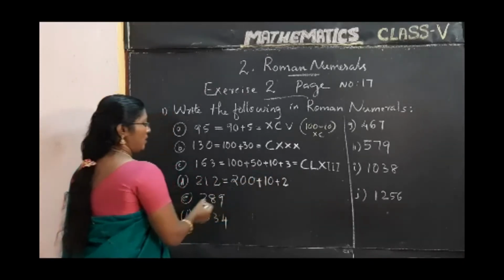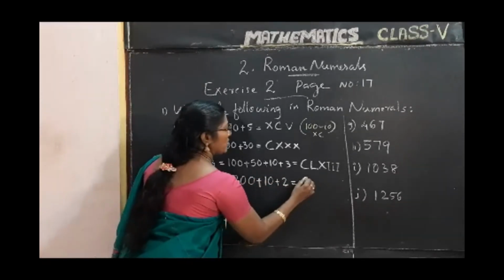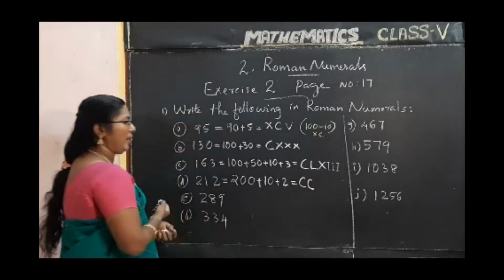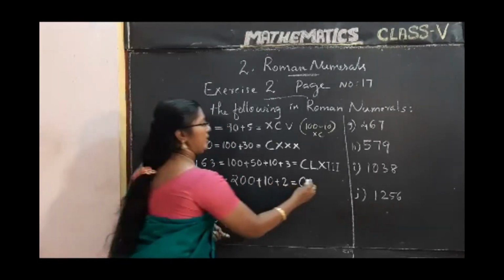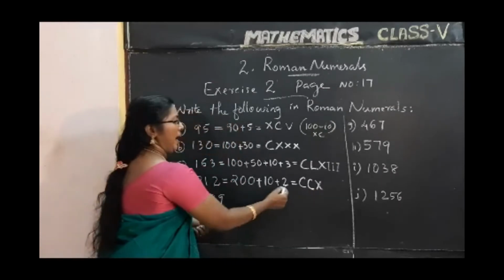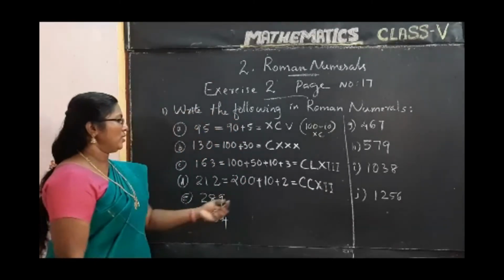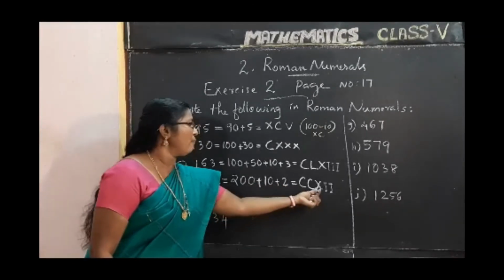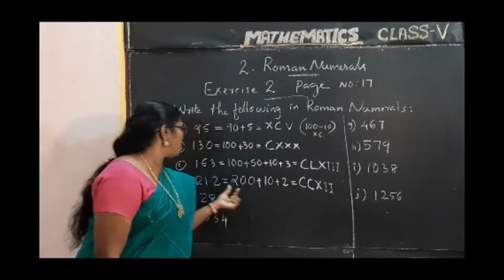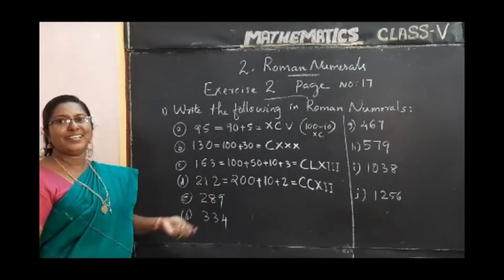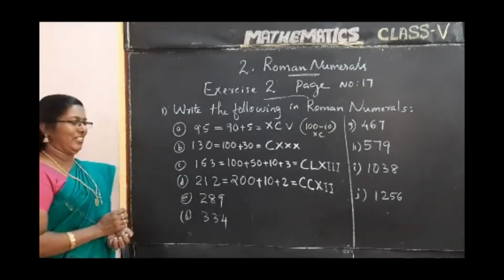C denotes 100. So, CC is 200. Then 10. X denotes 10. And 2. 2I makes 2. This is 200 plus 10 plus 2, 212. Okay? Yes, good. The next one.